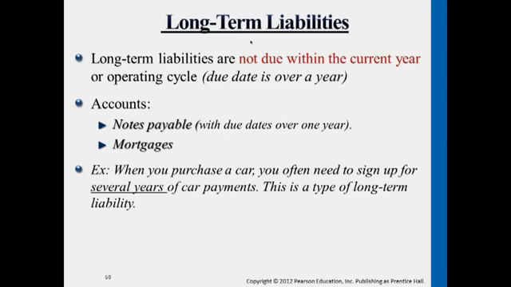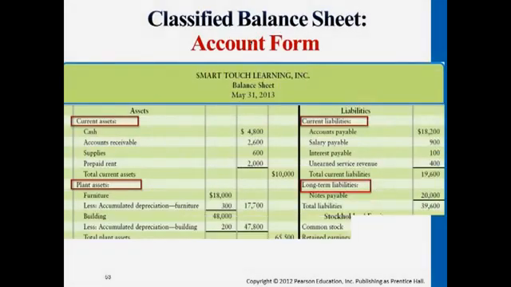Okay, so the whole purpose of going over all these definitions is, again, because the balance sheet usually classifies the accounts based on liquidity. So the quicker you need to pay off the liability, the further up front it will be listed in the liability section. If the lifetime of the liability is longer than a year, then it's listed in the second section. This is usually how it's represented in a classified balance sheet form.